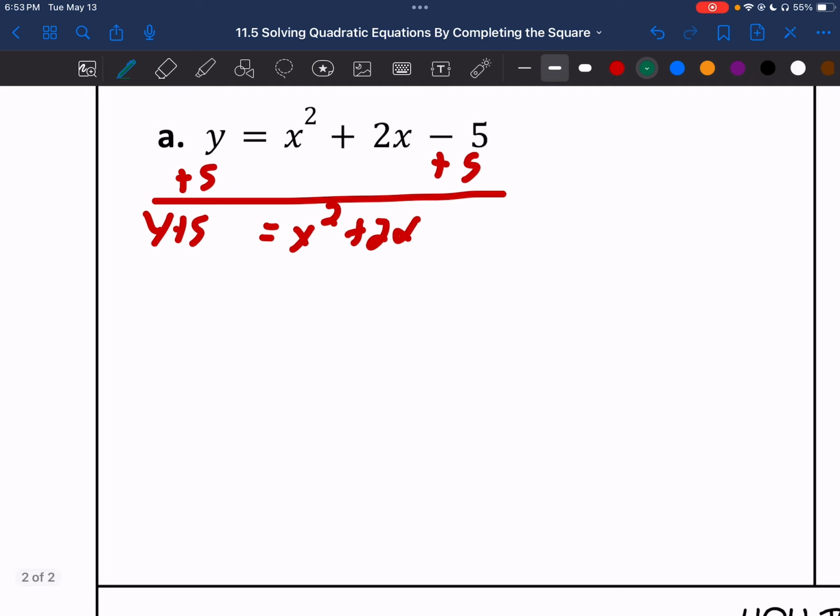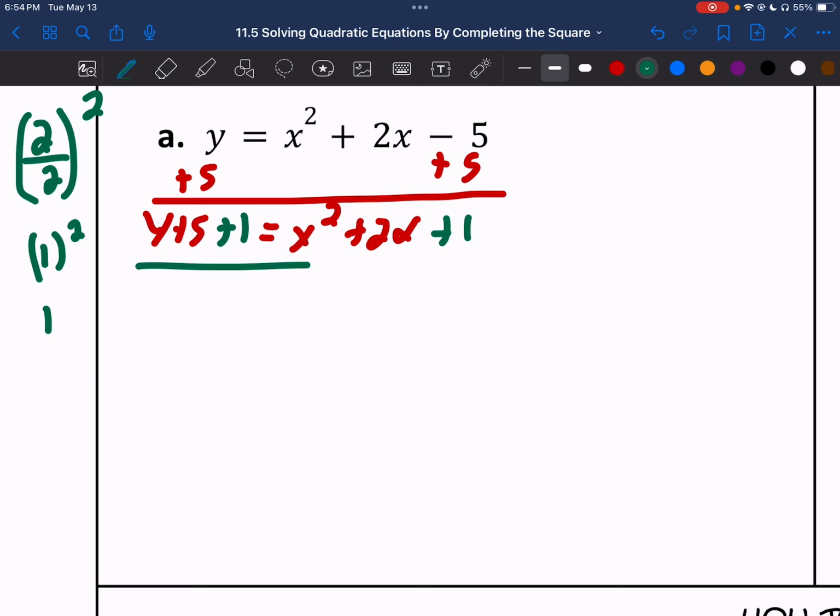I take my b value, divide it by 2, and square it. So 2 divided by 2 is 1, squared is 1. So we're going to add 1 to both sides of our equation. Okay, so now when we do that, we have y plus 6 on the left, and we have x squared plus 2x plus 1 on the right.